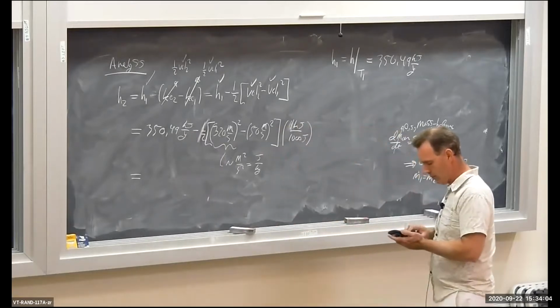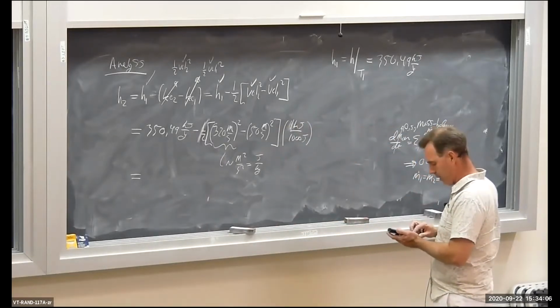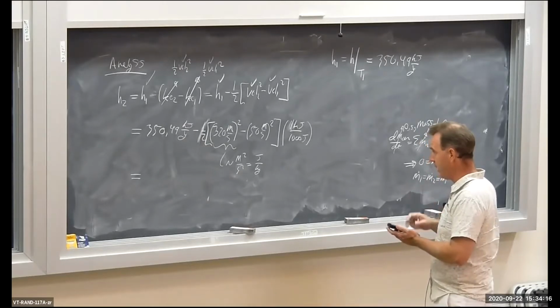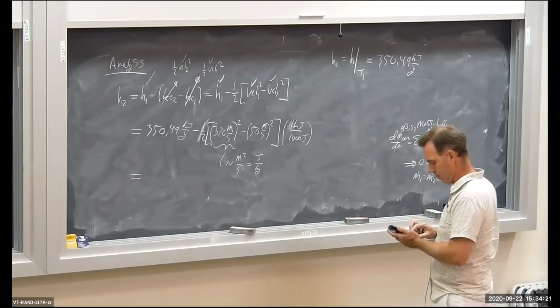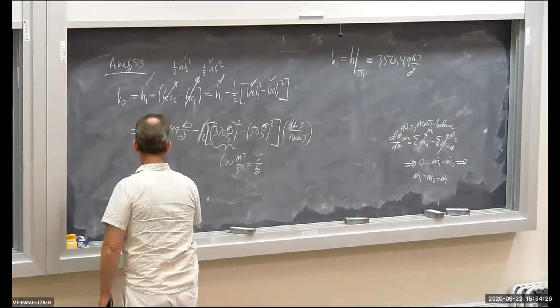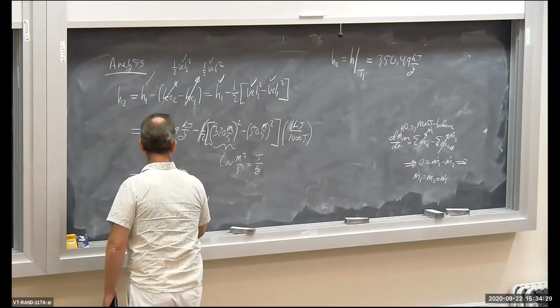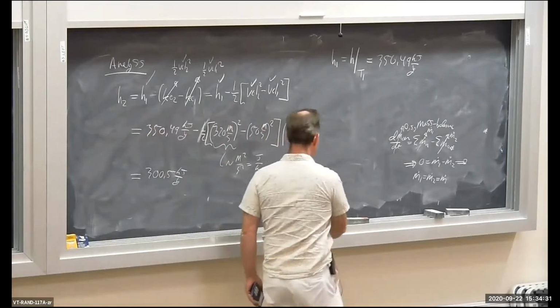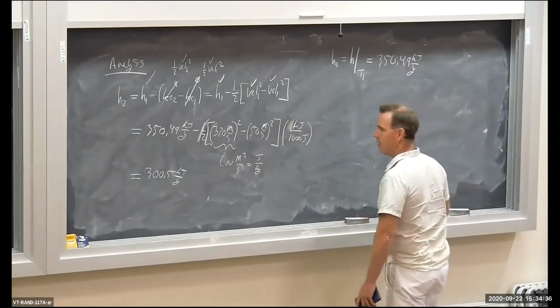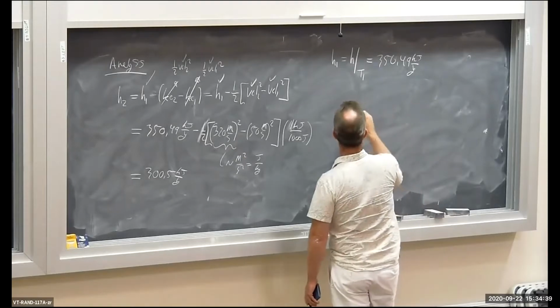We have 320 squared minus 50 squared, divide by 2, divide by 1,000, and then 350 minus that is going to be our enthalpy. So I get 300.5 kilojoules per kilogram. My outlet specific enthalpy is 300.5 kilojoules per kilogram.